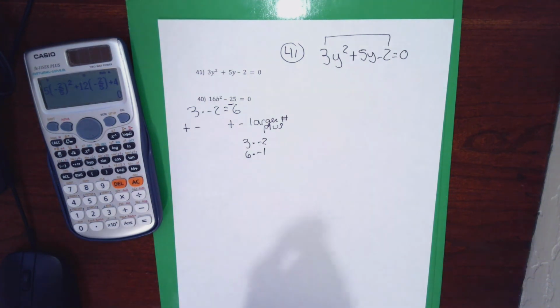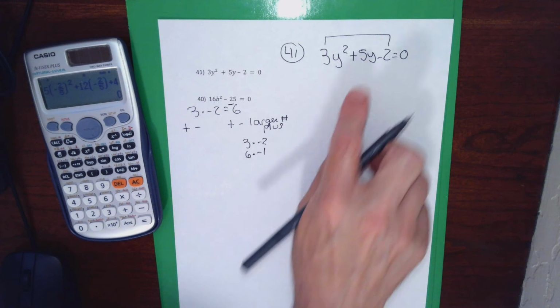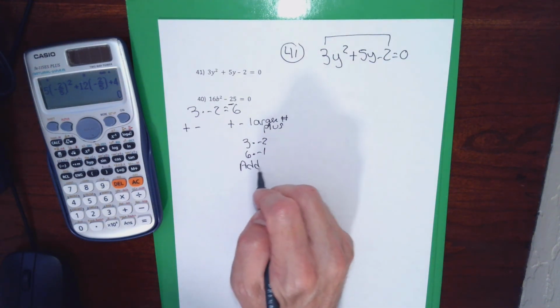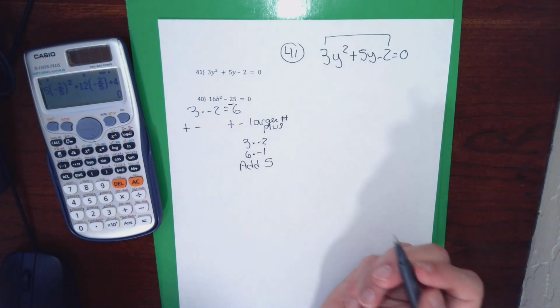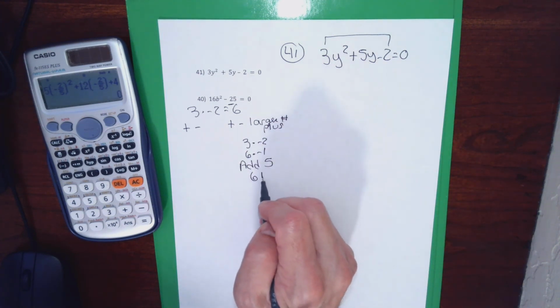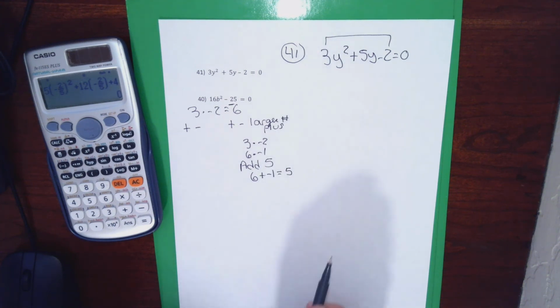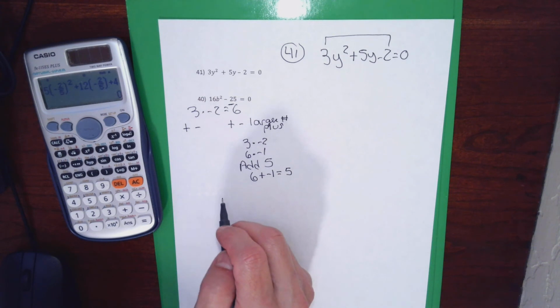So my template combined with the multiplication tells me these are the potential numbers to break up the 5y, but only one of them is going to work. And I'm trying to find a pair that add to positive 5 to know specifically how to break up the 5y. And the 6 and the negative 1 will do that just fine.